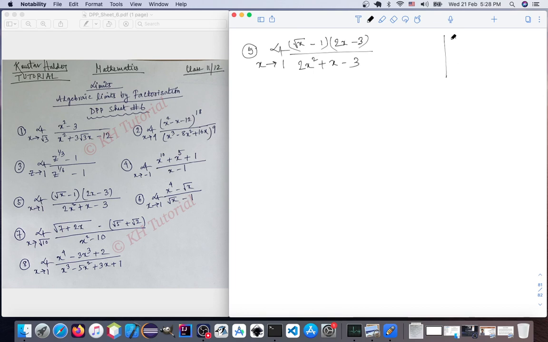So clearly g(1) equals 0 because of the root x minus 1 factor, and also h(1) is 2 plus 1 minus 3 equals 0. So x minus 1 or root x minus 1 should be a factor of both numerator and the denominator. So let's factorize the denominator.